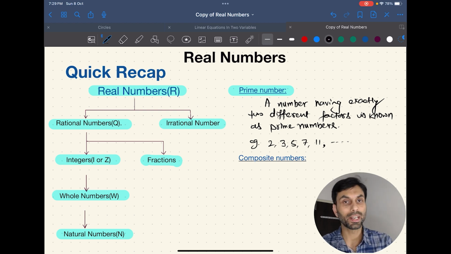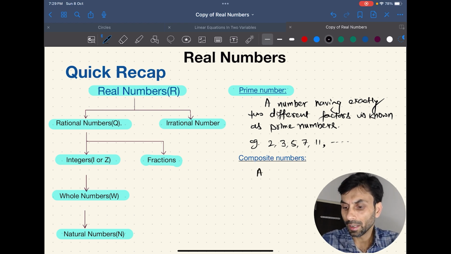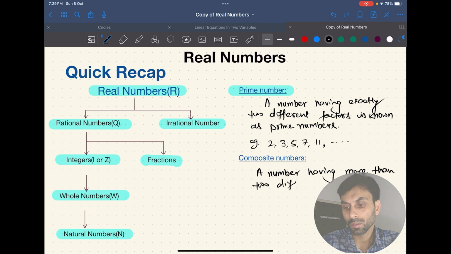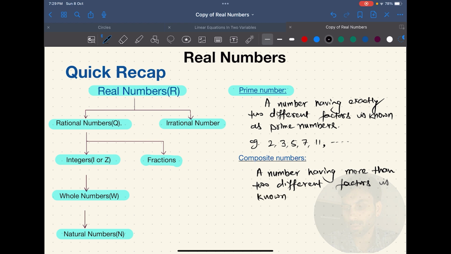The next type of number is composite numbers. So what are composite numbers? A number having more than two different factors is known as a composite number.